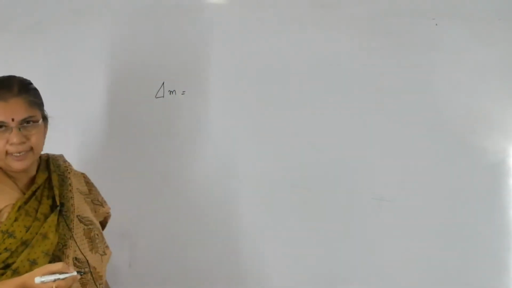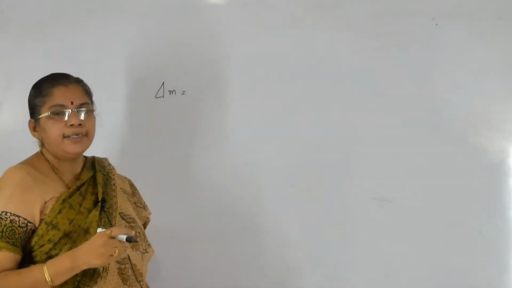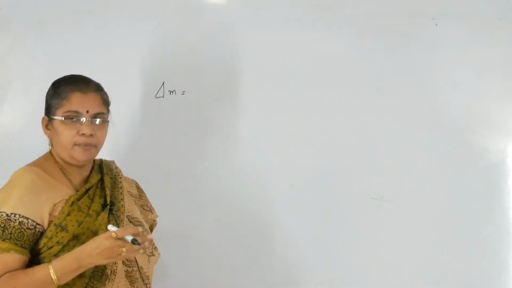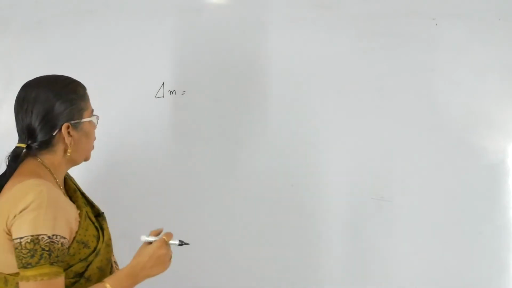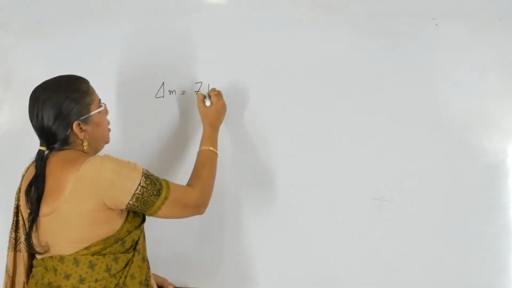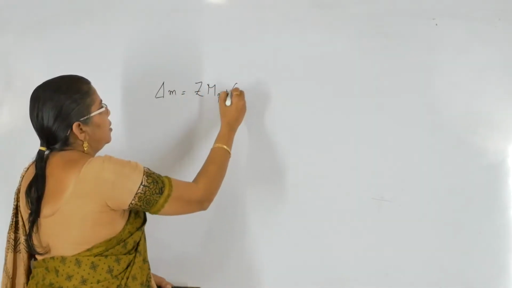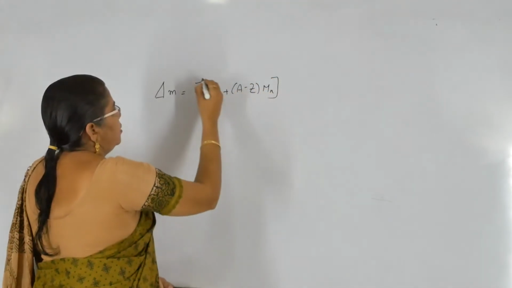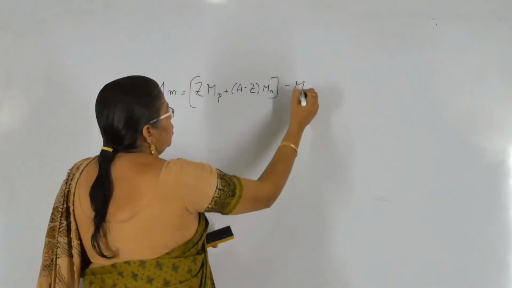Mass defect is defined as follows: the total mass of the nucleus is always less than the total mass of the protons and the neutrons that are held together. It is given by delta m equal to Z into mp plus A minus Z into mn minus the actual mass of the nucleus.